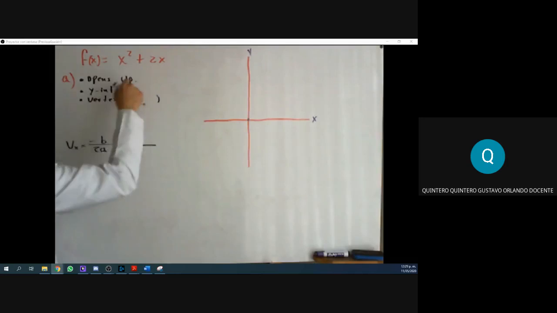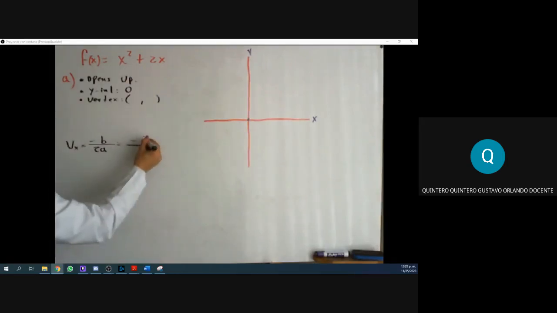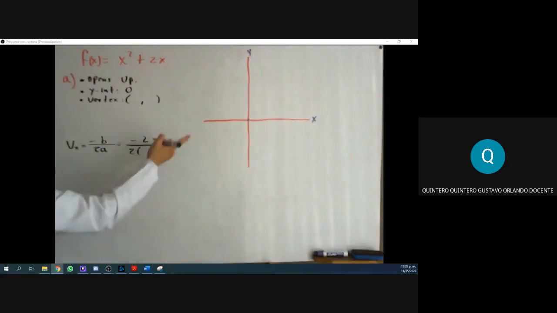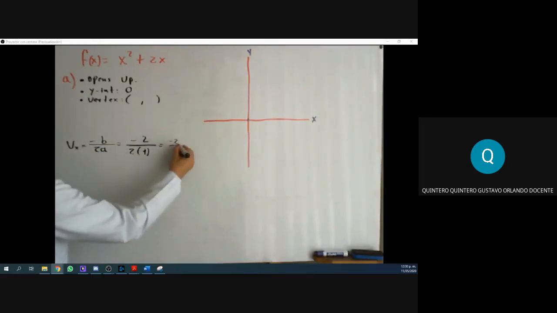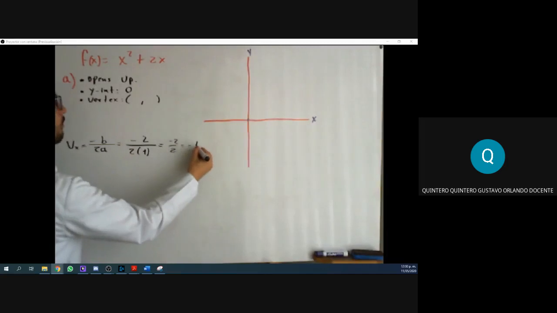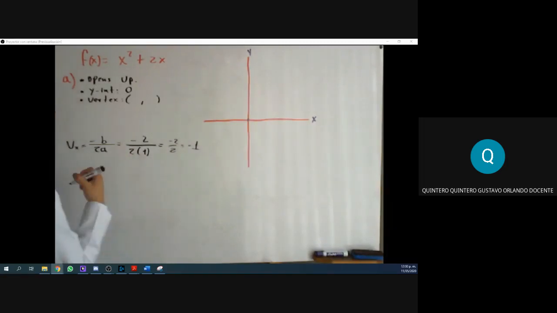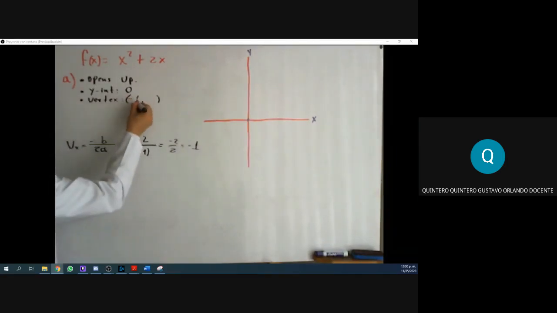The value b of our function is 2, so we have negative 2, all of this over 2 times a, but the value of a of our function is 1. So negative 2 over 2 times 1. Meaning the value of x will be negative 2 over 2, which is negative 1. And now we have the x coordinate, negative 1.